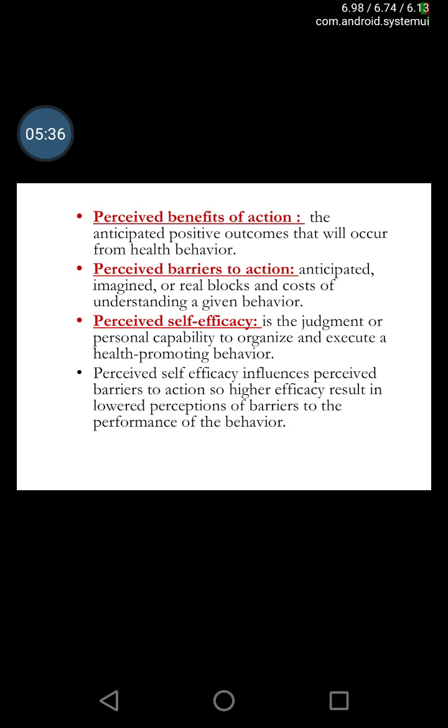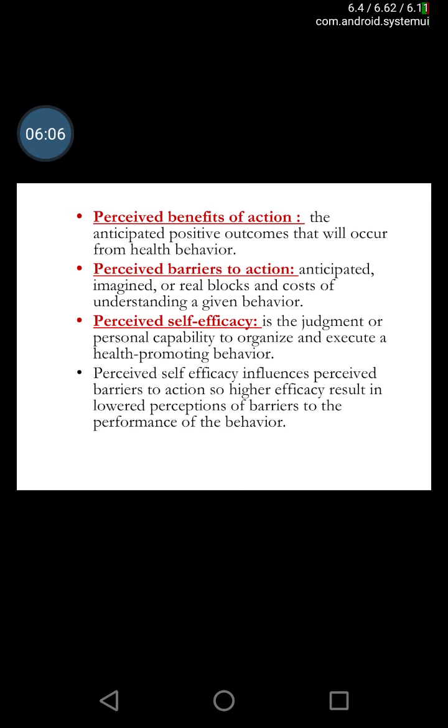Next is perceived barriers to action, that is the anticipated, imagined or real blocks and costs of undertaking a given behavior. Here the person identifies the barriers to doing the risk modification, like time, climatic conditions for exercise, or lack of other such supports. Next is perceived self-efficacy.